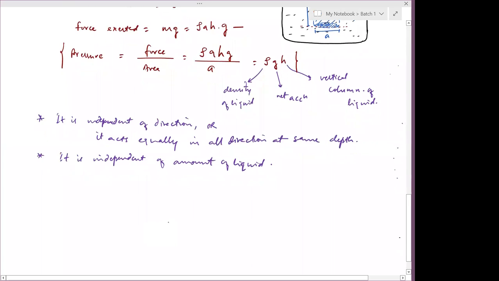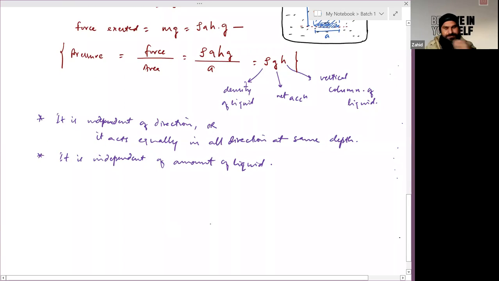Now let me define you some property related to this statement. You'll be asked, suppose you have a vessel in which liquid is filled up to this point.